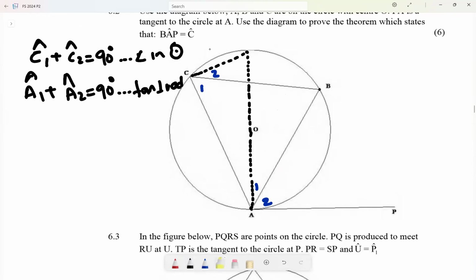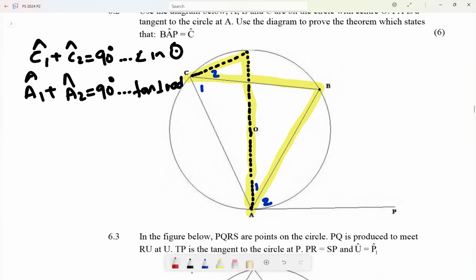But I want you to see something. Can you see here what I have? A bow tie. Can you see that if these are equal to 90 degrees, these two are equal to one another because they are both equal to 90 degrees?